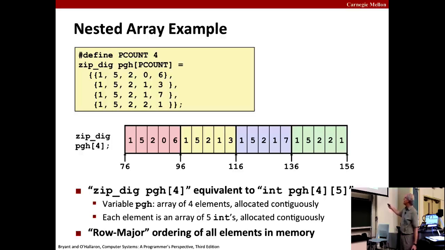But what it really is, is an array of 4 elements, 1, 2, 3, 4, each of which is an array of 5 ints. Okay? So think of that nesting. When you read declarations, you start from the name of the element, and you work your way outward through these brackets and stars in some order.